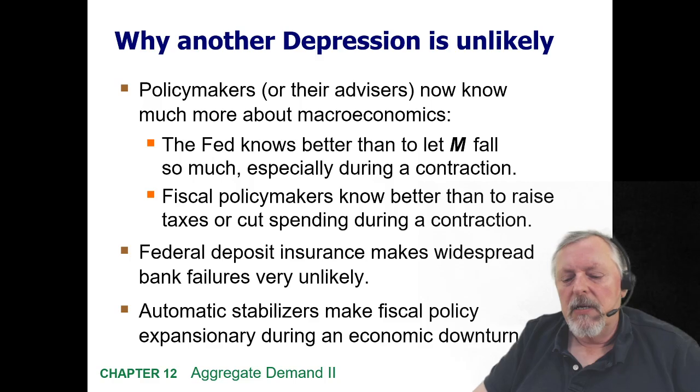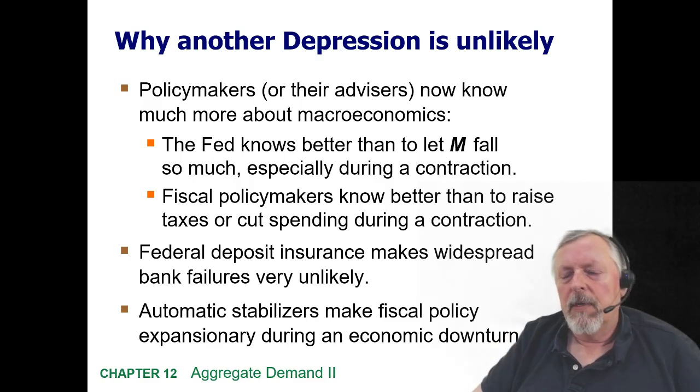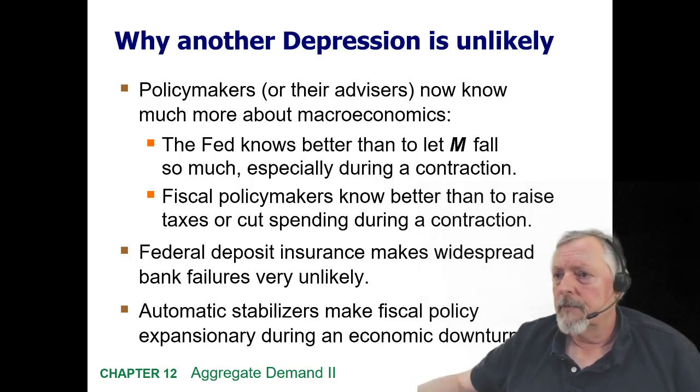If people's incomes fall, they automatically will pay less in taxes. It's like a tax cut. Unemployment insurance. So, if people become unemployed, it replaces a portion of their income and prevents spending from falling as much as it would otherwise.